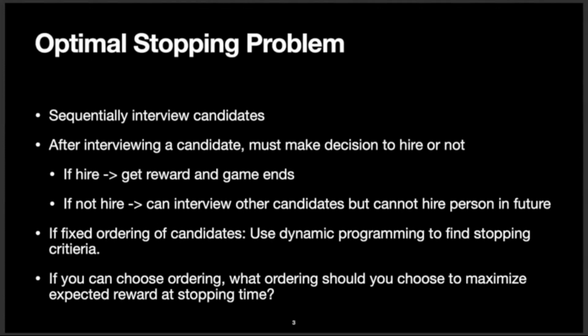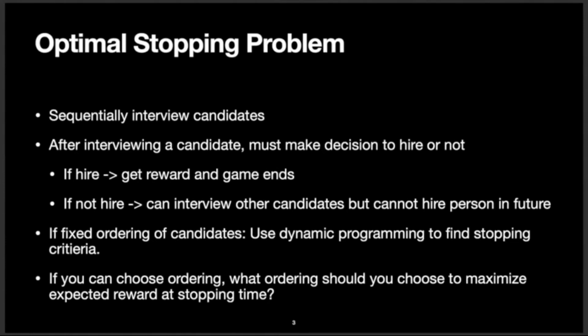Otherwise, you would reject and then interview candidate 2. When you interview candidate 2, if the quality of this candidate is higher than the expected quality of candidate 3, you accept candidate 2. Otherwise, you reject, and if you reject candidate 2, then you have to accept candidate 3. So that's the case for a fixed ordering. For a fixed ordering, finding the stopping criteria is easy using DP.